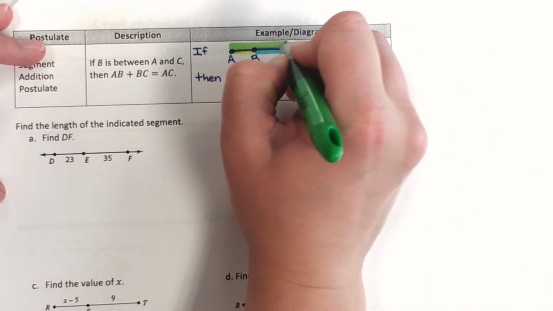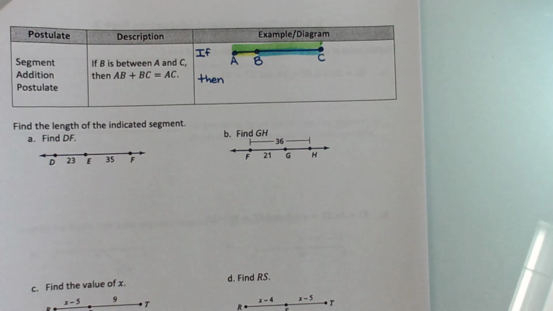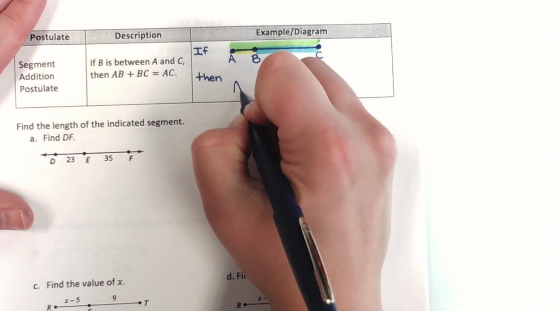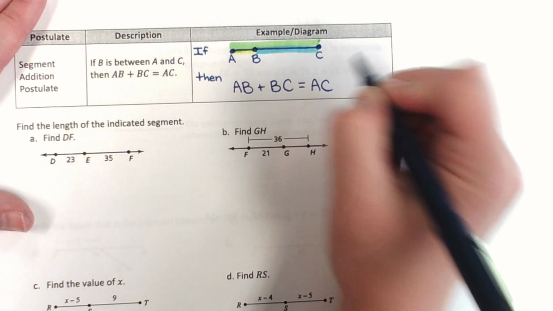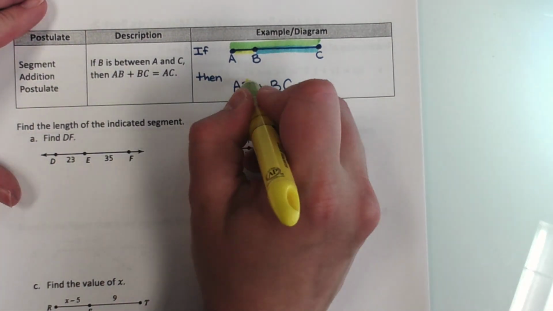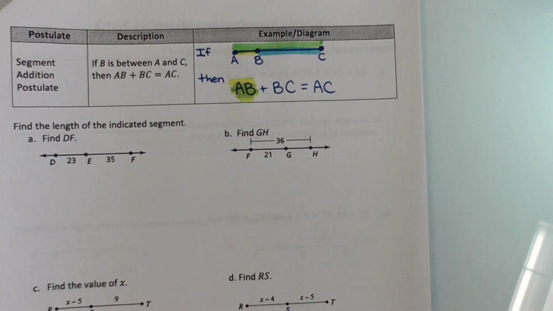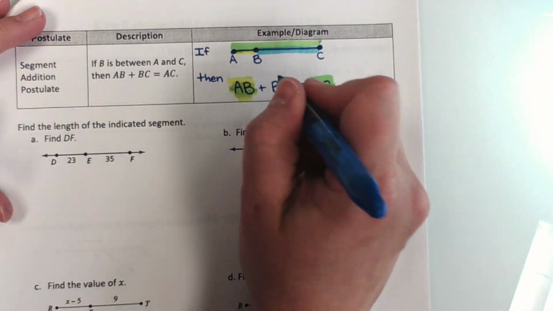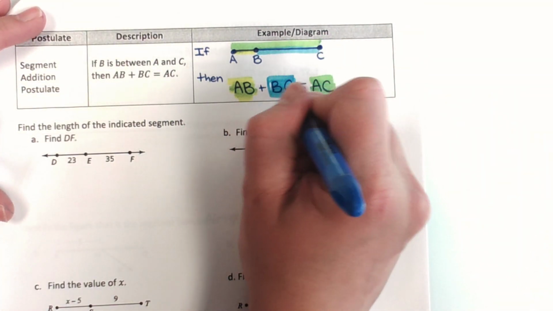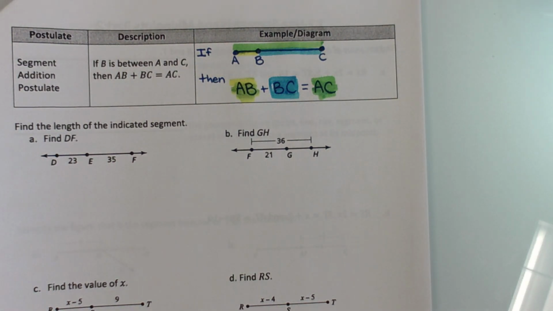That's the full length across. And this is the equation they give me directly off of that postulate sheet. That's the green part, and this is the blue part. You'll often hear me reference this as a part of a segment plus the other part of a segment makes the full segment. Part plus part equals whole.